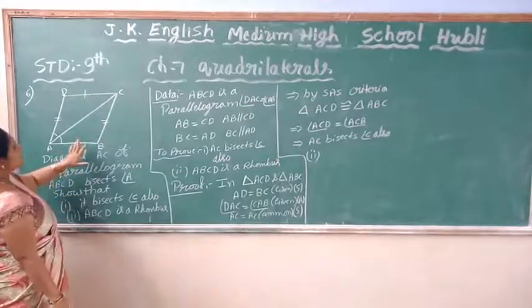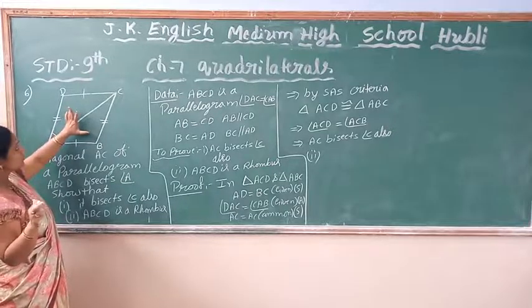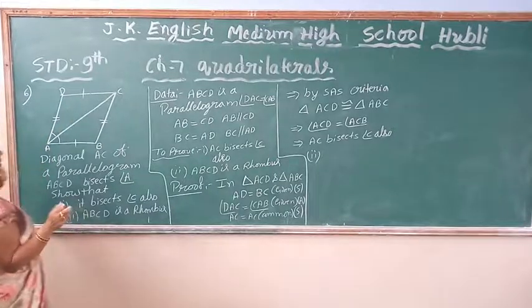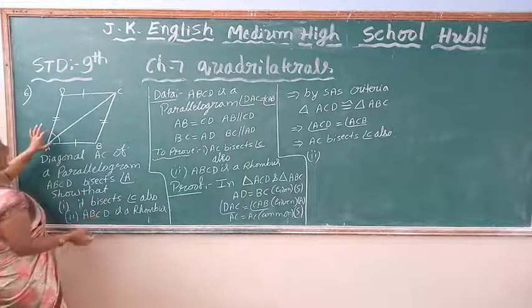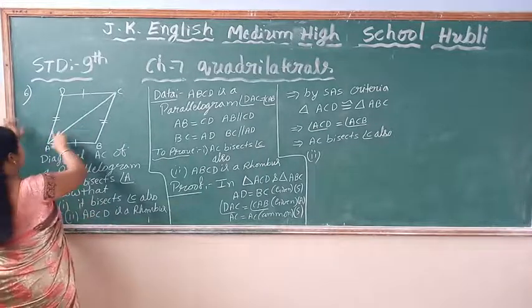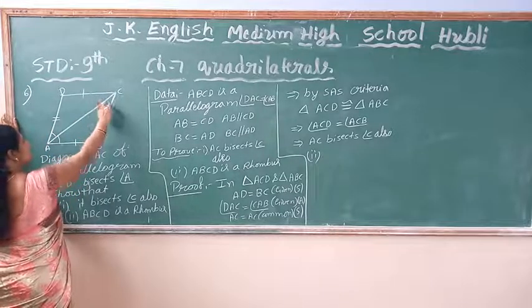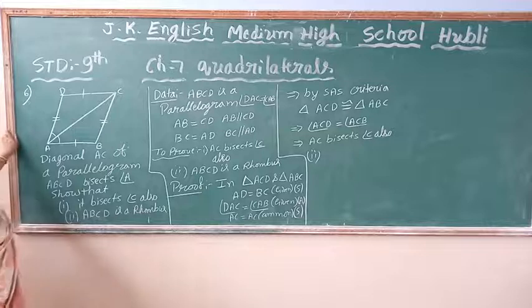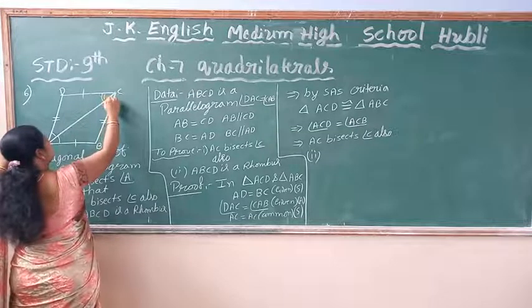So then, see now, I proved already these two triangles are congruent. If these two triangles are congruent, and now AC bisects angle A, and the same AC bisects angle C also. Now we prove these two angles are equal.